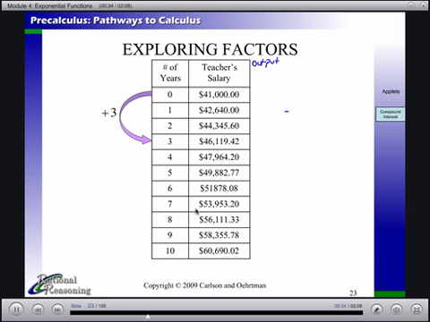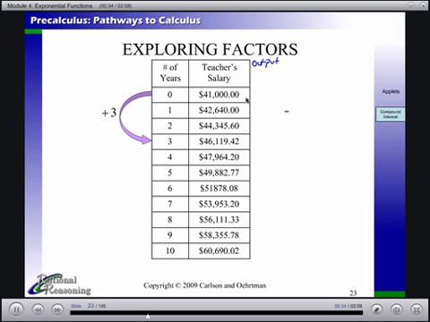Okay, given the salary at year 0, how would we get the salary at year 3? There are actually 2 ways to get this. How would we get the salary in year 3 from the salary in year 0? Any ideas? Take the year 0 salary and multiply it by 1.04 to the third.